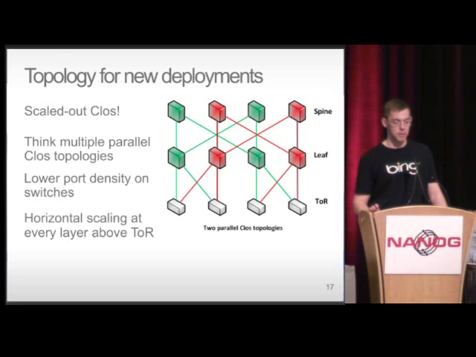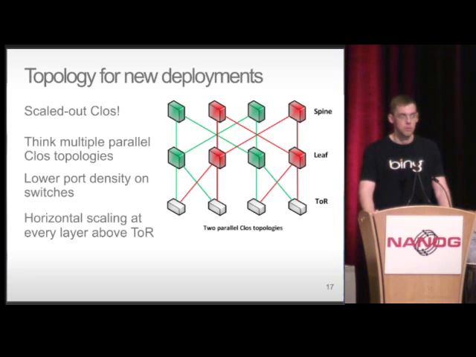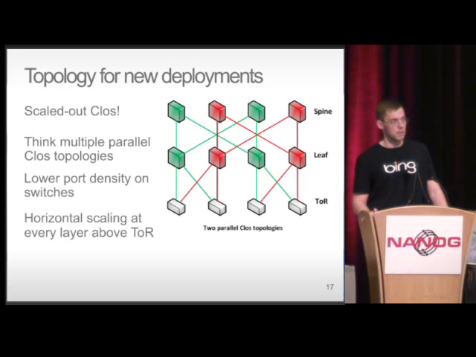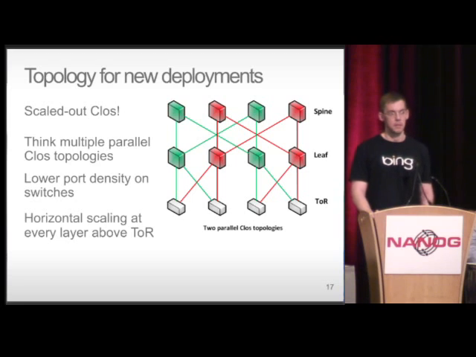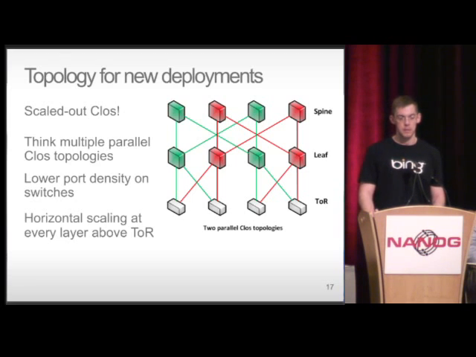If you count stages from the Tor to the spine and then down again, you'll see there are actually 5 stages to cross from Tor to Tor. So this new topology allows you to scale horizontally by adding more and more parallel topologies. So you no longer depend on having high port densities in your spine switches to scale the capacity.